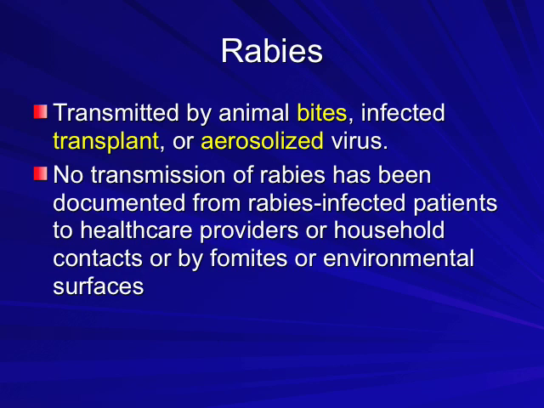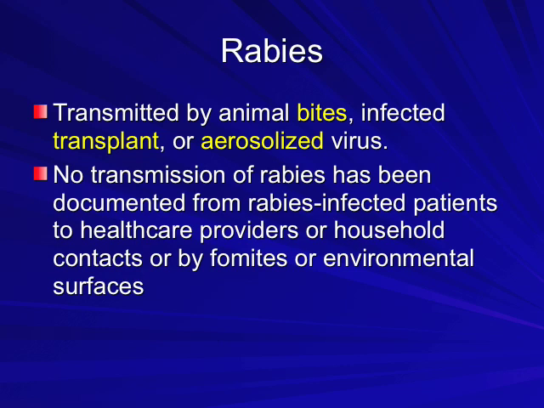Now, another important cause of encephalitis in the United States and worldwide is rabies. And rabies can be transmitted by animal bite, or infected transplant tissue. There are some cases reported of rabies acquired after corneal transplants and kidney transplants. So that's another way to get rabies.